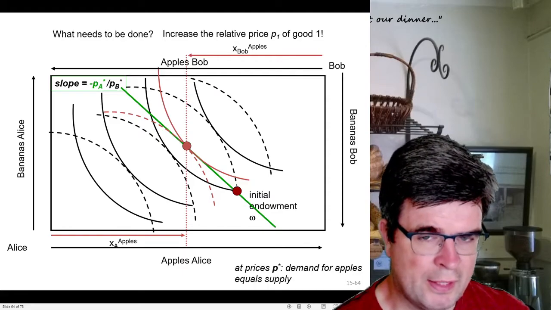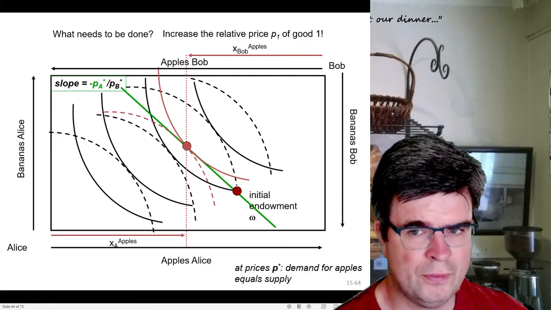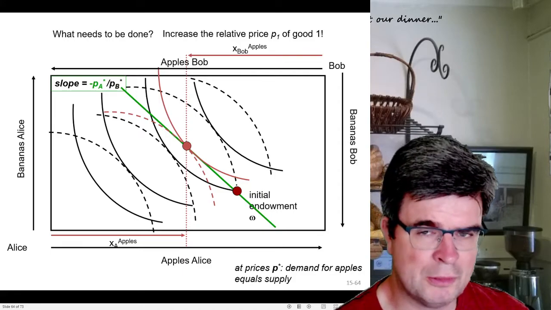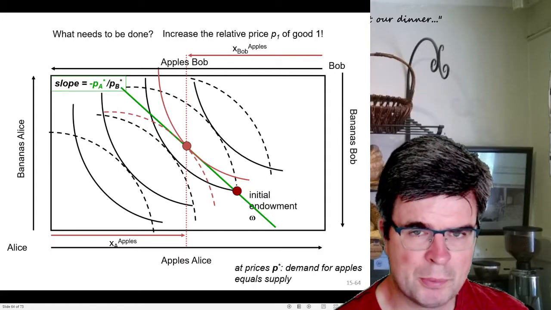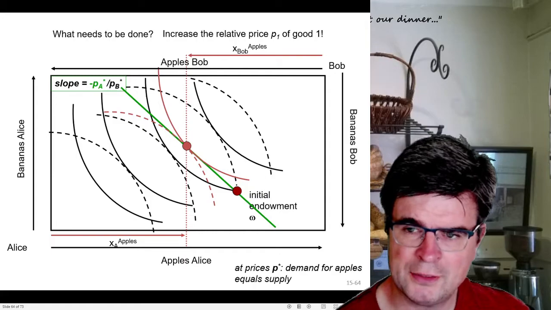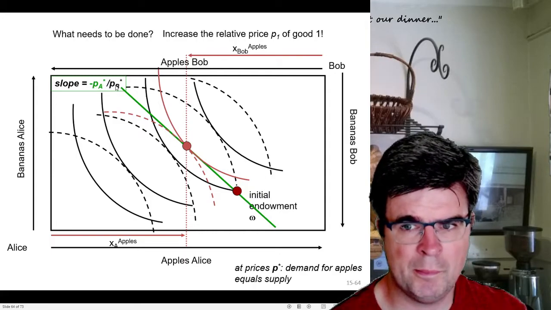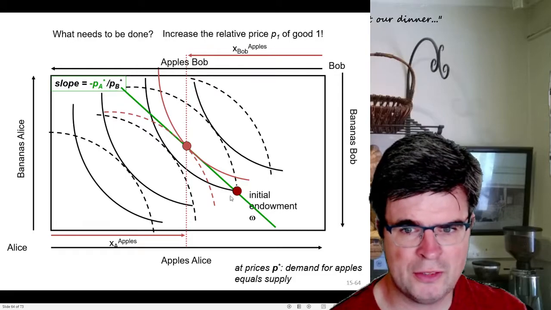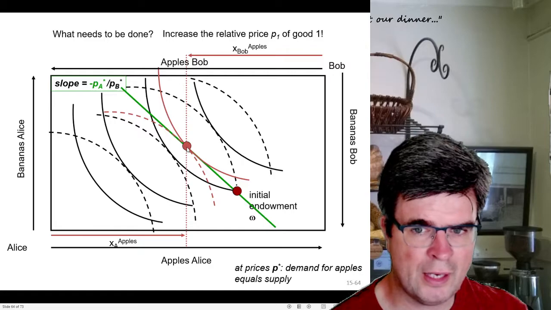So given the initial endowment omega and given the preferences for apples and bananas of both Alice and Bob, the equilibrium price ratio of apples and bananas is given by P_A star over P_B star. And it's the price ratio that ensures a Pareto efficient outcome.